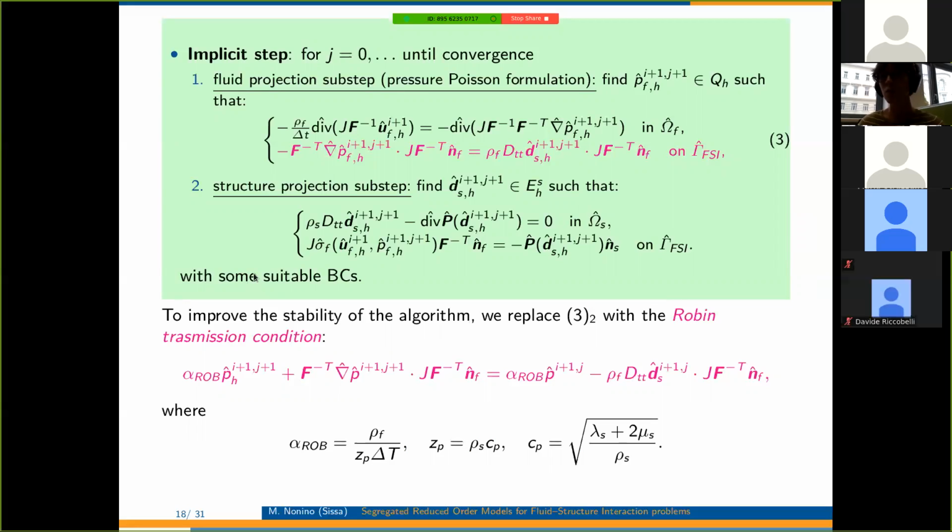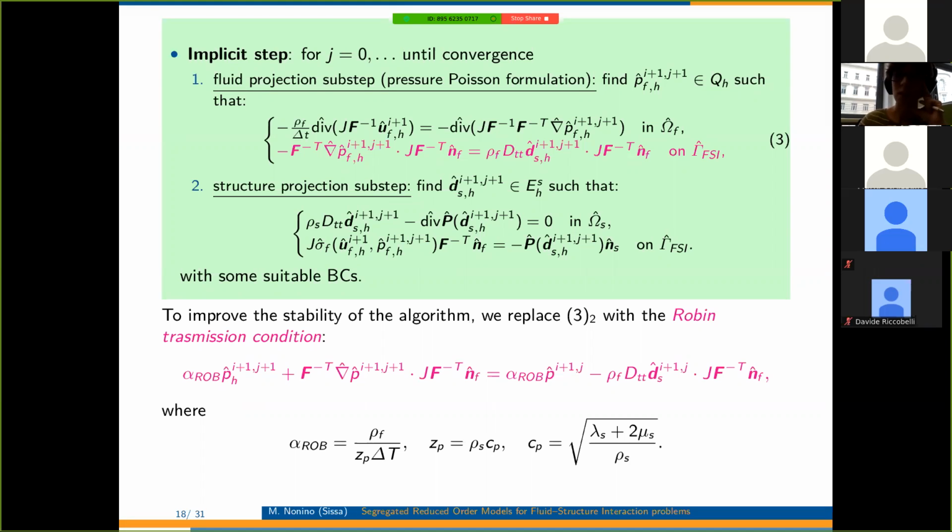Also, let me tell you that in our test cases, the two problems are linear, so the two sub-problems are going to converge in quite a small number of sub-iterations. But if you consider nonlinear elasticity, so you change the kind of solid you are considering, then I expect the number of sub-iterations to be much higher.